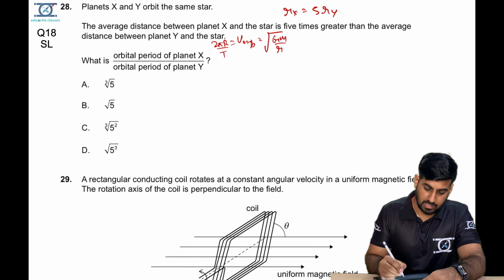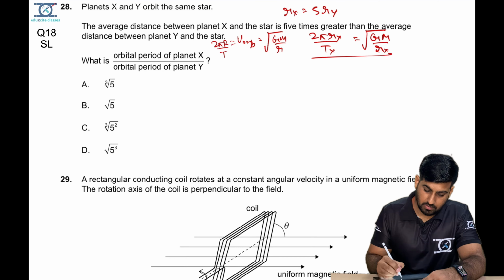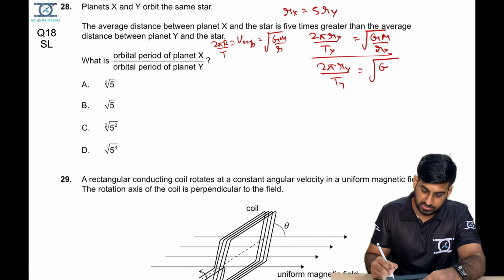So I can rewrite this equation as 2 pi r x upon T x is equal to under root of G mass of the star upon small r x, and 2 pi r y upon T y is equal to under root of GM upon r y.